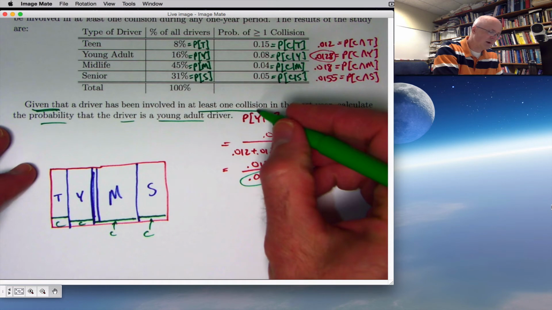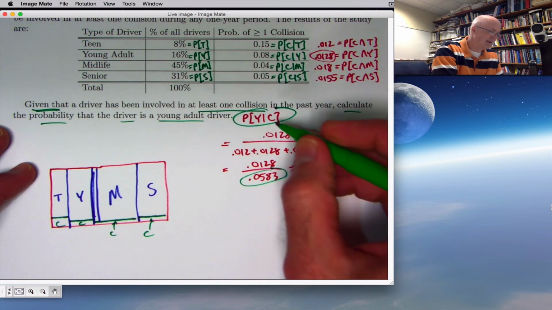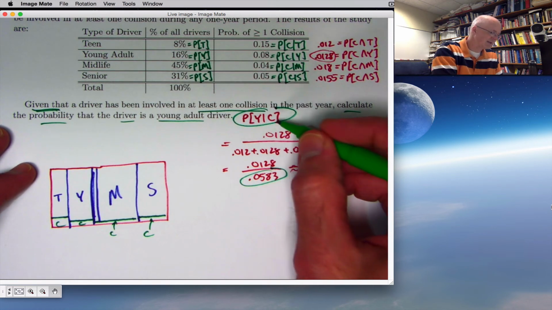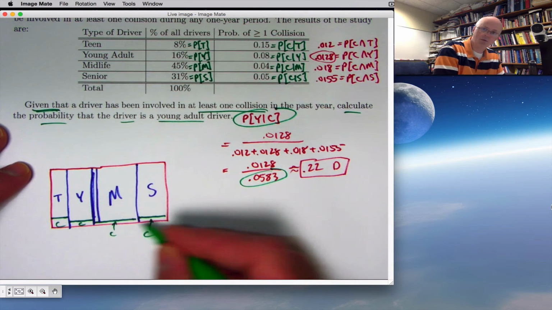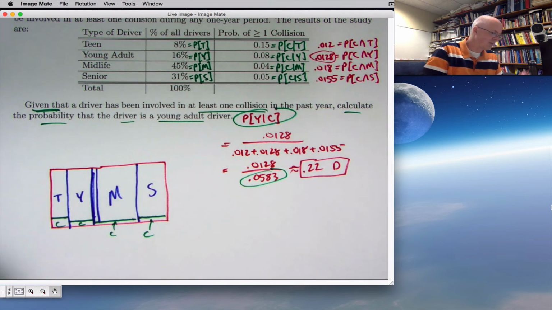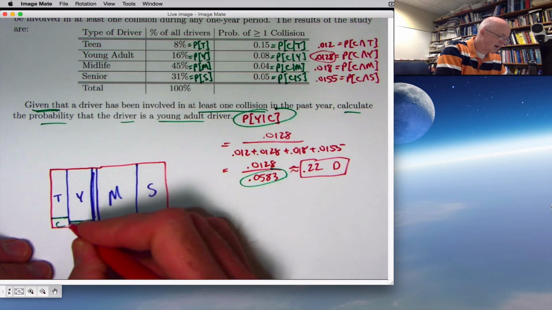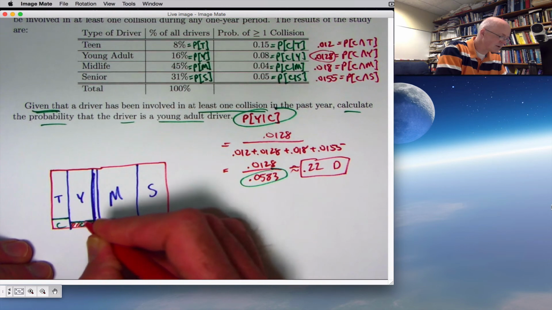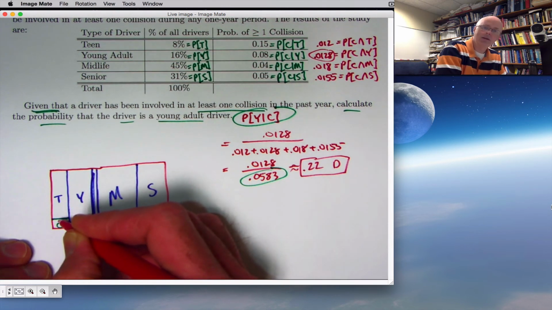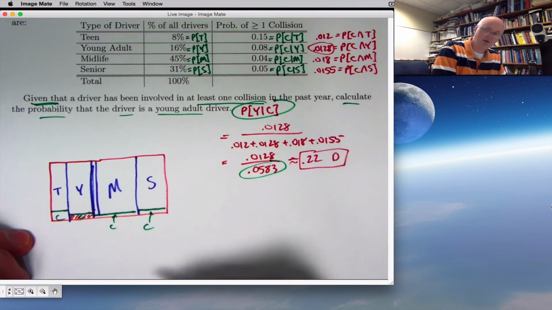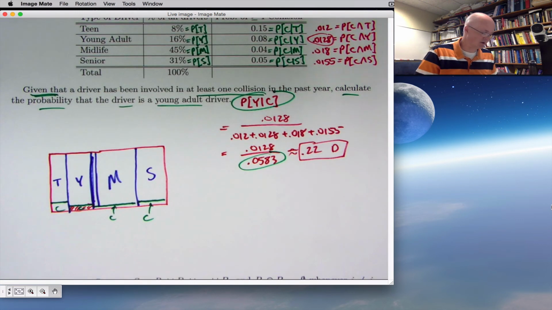The probability that we wanted to find is the conditional probability of Y given C. So if C occurs, it's like you've shrunk the sample space to just being these green rectangles combined. What percentage of the area of those rectangles is made up by Y? What percentage of this area relative to the entire area of C? That will be the answer, and it's about 22%, and that should seem reasonable looking at the picture.